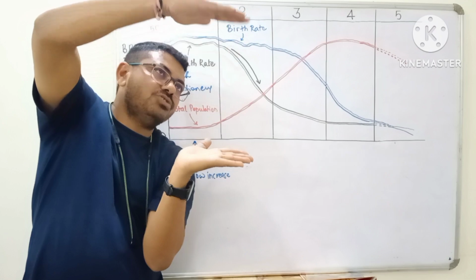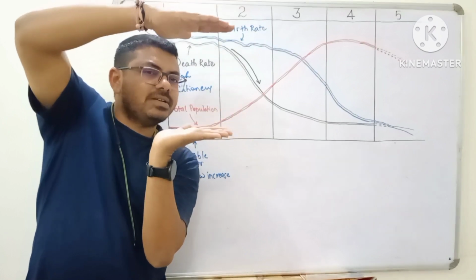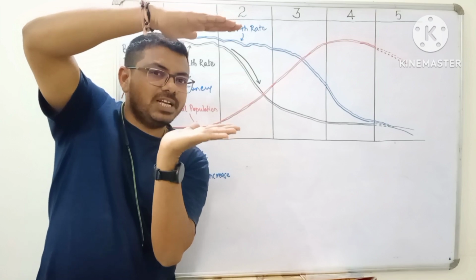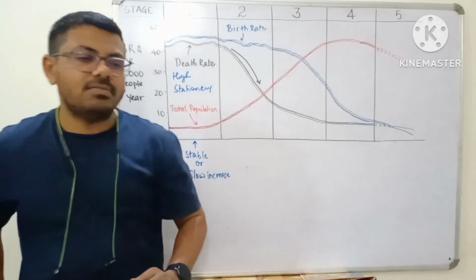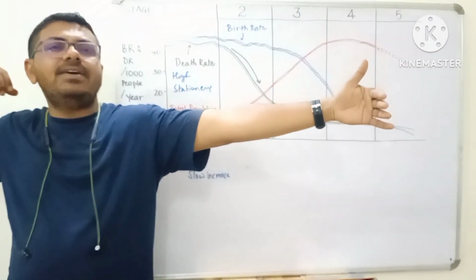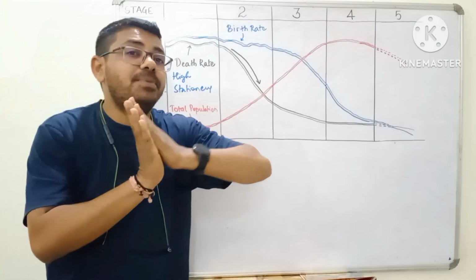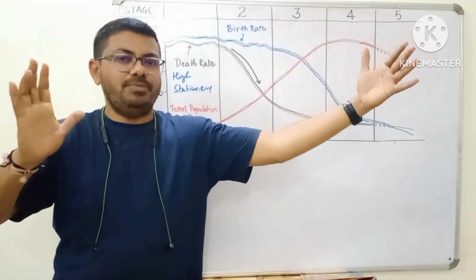So the gap which you see between birth and death, this gap is natural increase in population. It means that total population has started growing rapidly, because the higher the gap between birth rate and death rate, the more people.